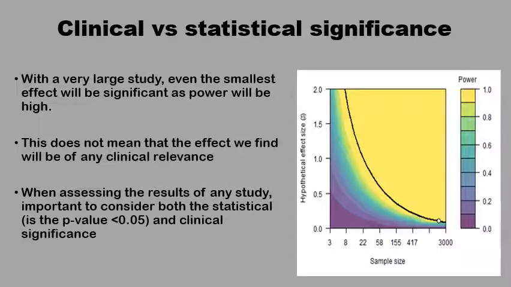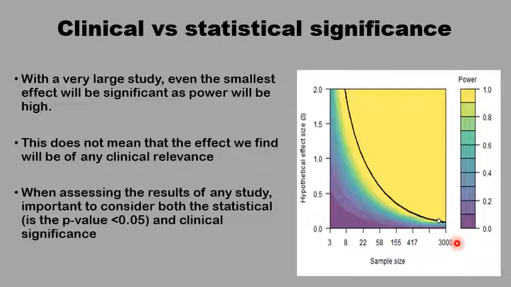One more thing about the p-value is that statistical significance does not equate to clinical significance. This is again a power distribution curve, and it shows that if the study is very big, if you have thousands of patients in your study, the power would increase so much as to see very slight differences between two groups.